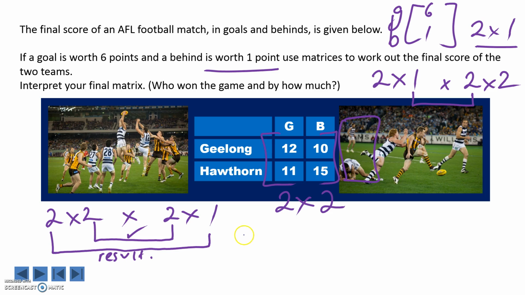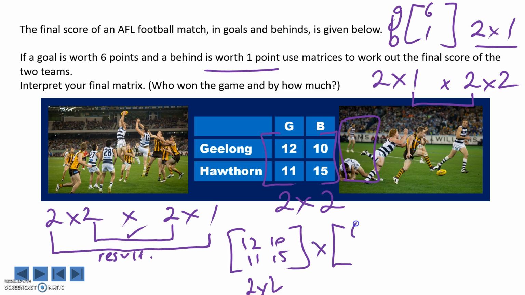So let's do that. Let's do our 12, 11, 10, 15 matrix, which is our 2 by 2. Let's multiply that with our 2 by 1 matrix, which is in fact this one. We should end up with a matrix that has 2 rows and 1 column.